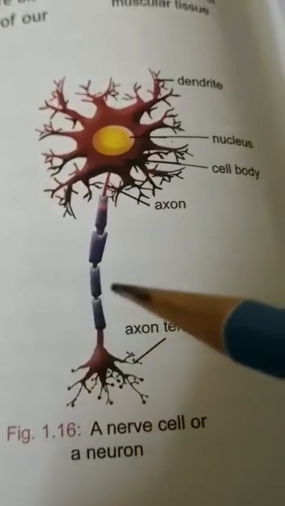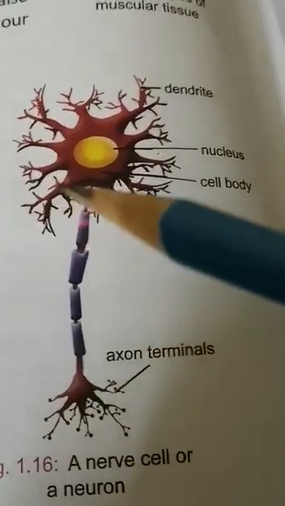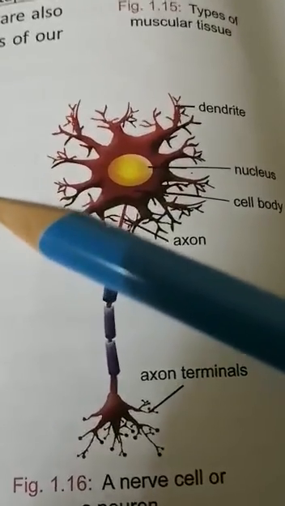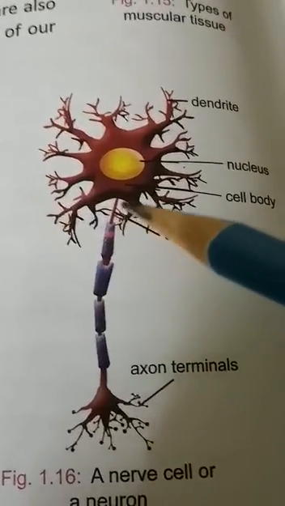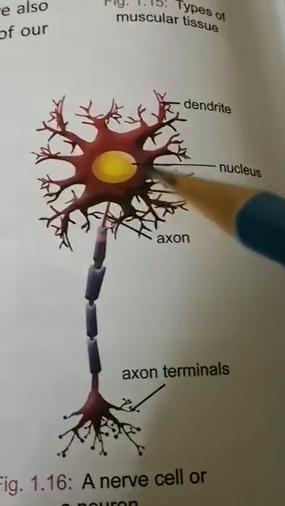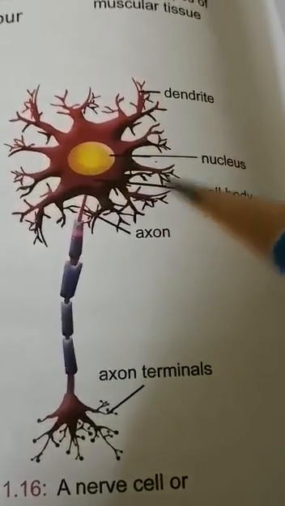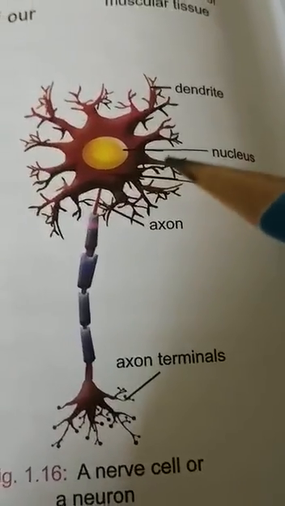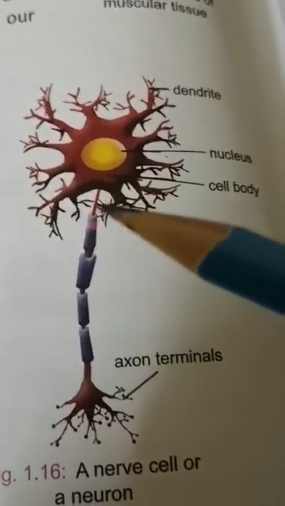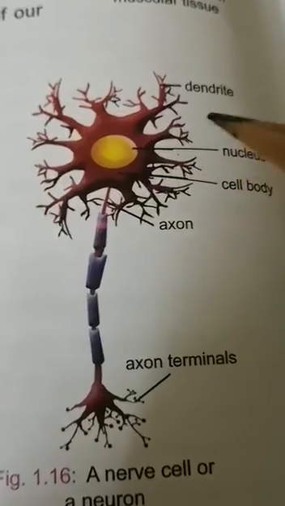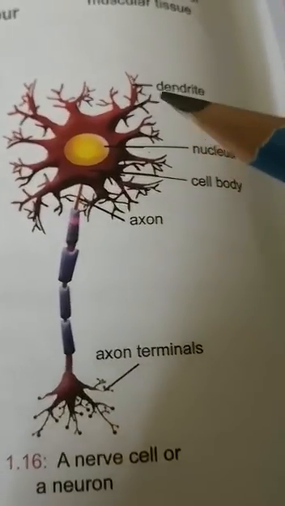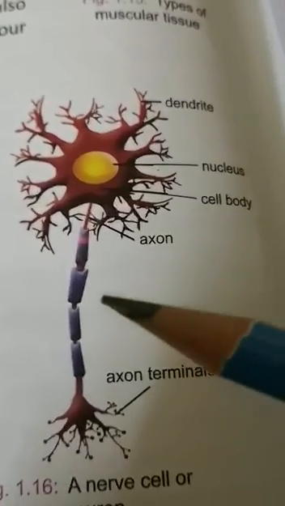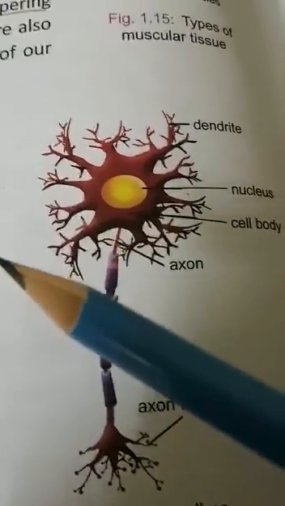So this nerve cell or the neuron is the structural and functional unit of nervous system. So where do you find this? They are found in the brain and spinal cord and wherever nerves are present. And what do they do? They carry information from different parts of the body to the brain and bring back the information from the brain to different parts of your body so that they can do their work. Understood? Okay.